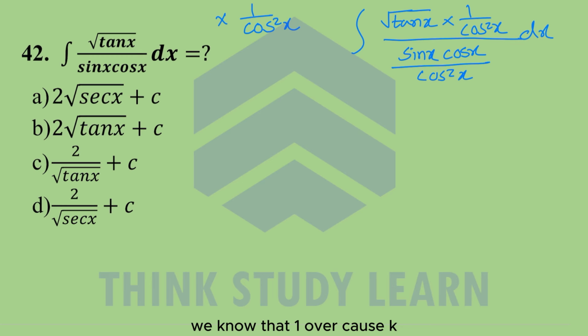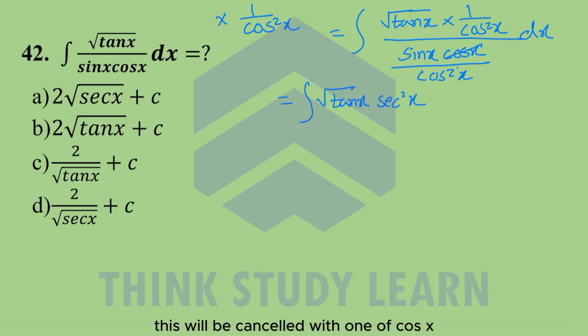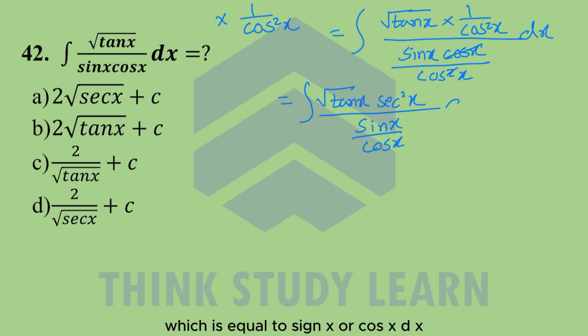We know that 1 over cos square x can be written as secant square x. So one cos x cancels out and we get sin x over cos x.